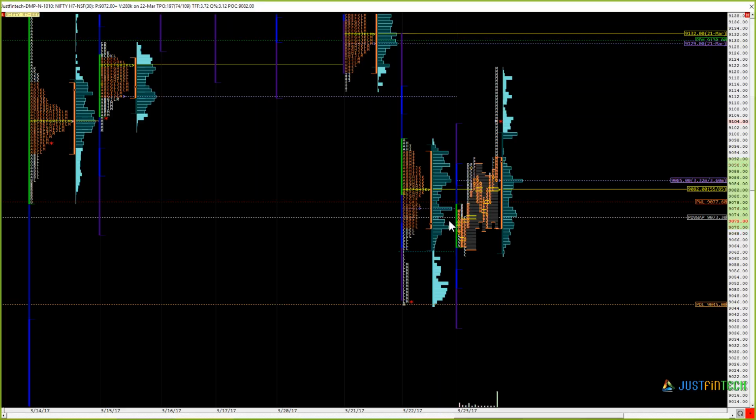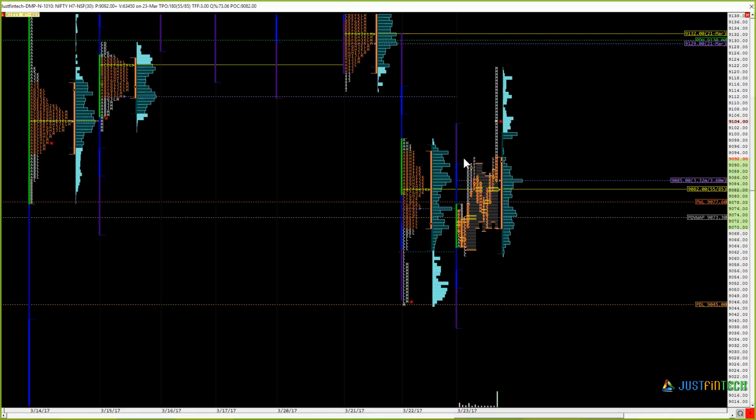Now if you see, this has created a balance, and the point of control of A and B was here. It drops down, so the point of control shifts as well, and then when C period finally goes higher, then the point of control has shifted again back to where it was in the A period.